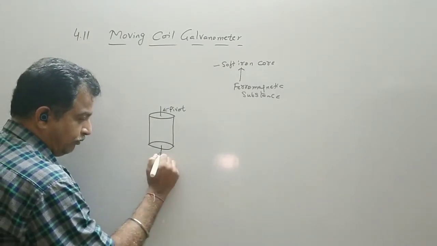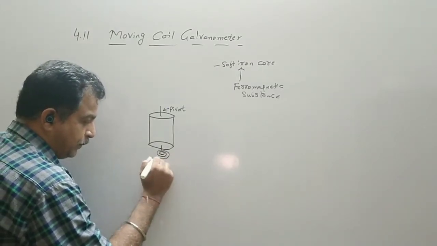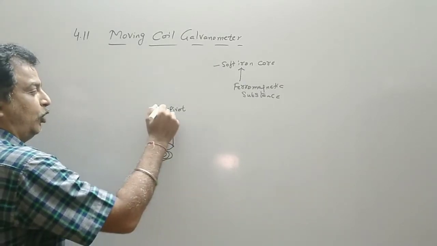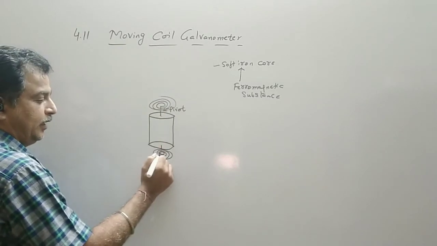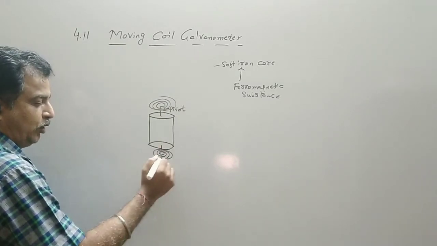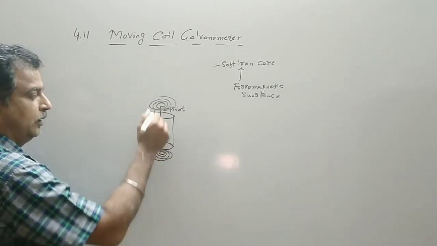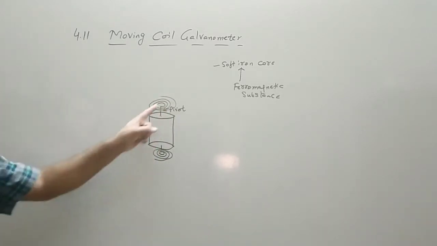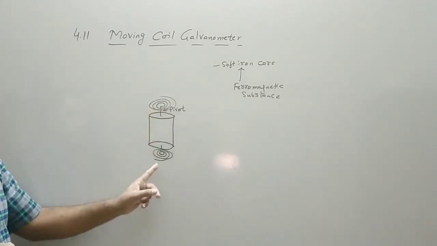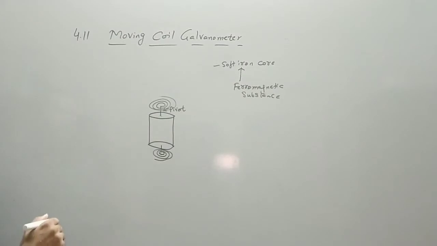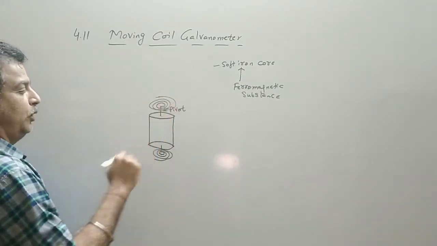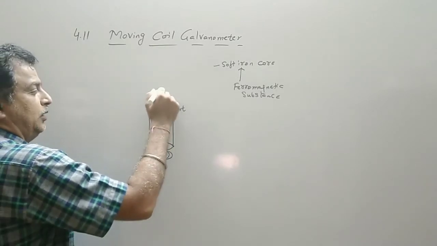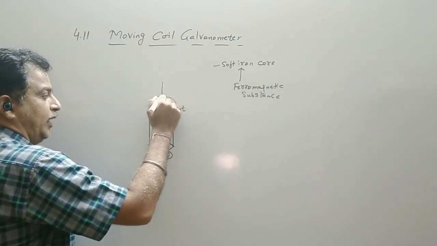On one side of the pivot we have one spring, and on the other side we have another spring. If the spring rotation is like this here, it is opposite there, because one spring should be compressed and the other spring should open up. So this is your spring and pivot.